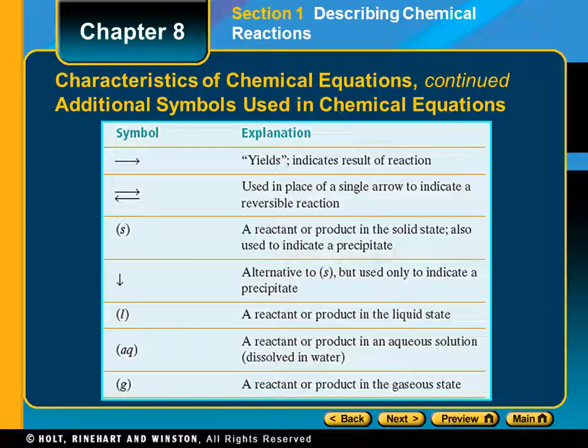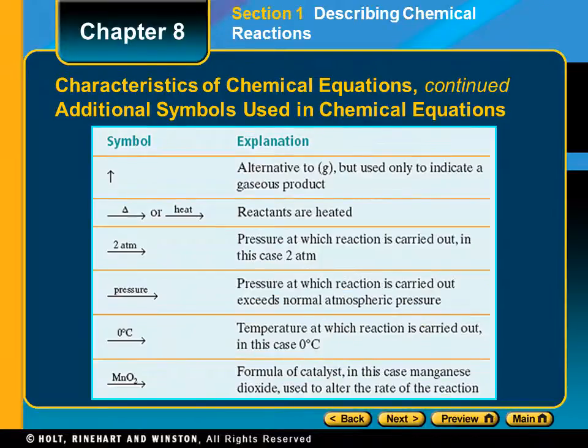We also need to make sure that we understand all the symbols. The arrow is yields. Arrows going in both directions show that it's a reversible reaction. S is solid state; a down arrow is an alternative to S, but it indicates a precipitate. L is liquid state, AQ is a reactant or product in an aqueous solution, dissolved in water. G is gaseous state. Up arrow is the alternative to G, but used only to indicate a gaseous product. We can show where we add heat.